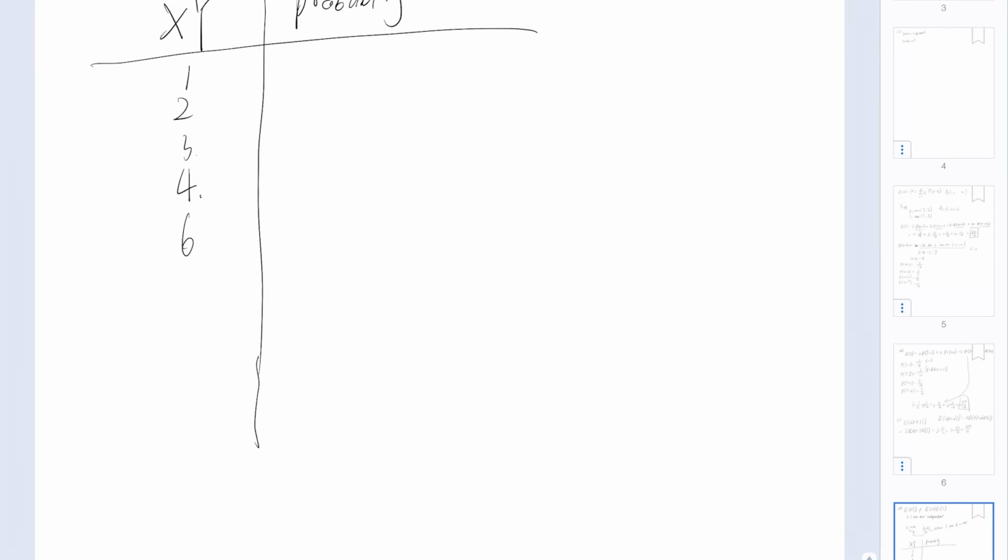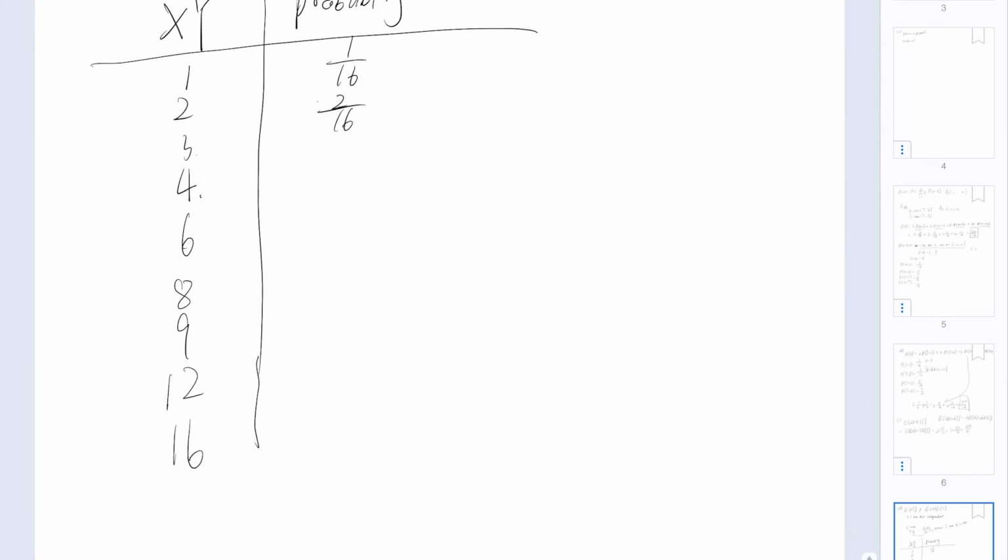And we can do 2 times 3 to get 6, 2 times 4 to get 8, 3 times 3 to get 9, 3 times 4 to get 12, and 4 times 4 to get 16. You can also check that these are all the outcomes of xy. And then what's the probability of 1? That's just 1/16.